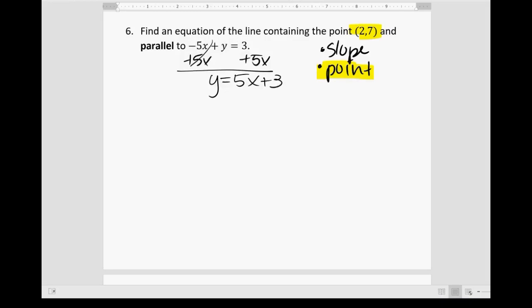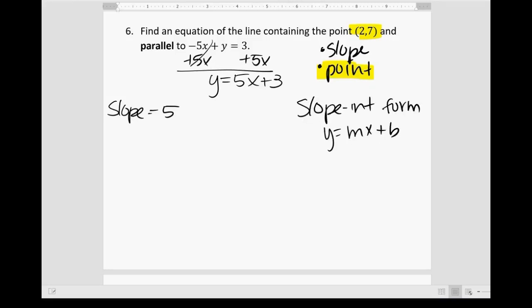So now I have this line's slope, and because my line needs to be parallel to this equation, I'm going to use that exact same slope. So the slope that I'm going to use is 5. Because remember, slope-intercept form is y equals mx plus b, and m is your slope.